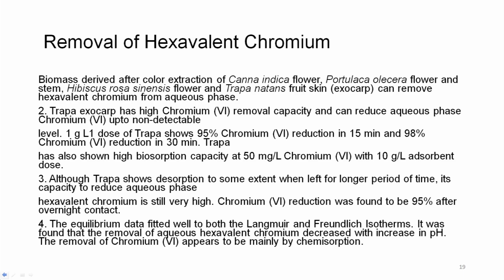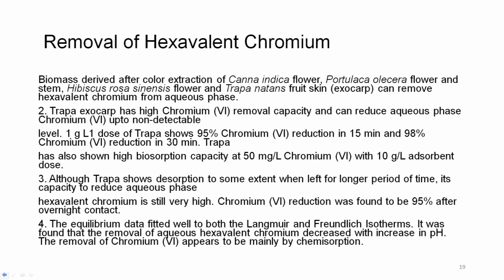Although Trappa shows desorption to some extent when left for a longer period of time, its capacity to reduce aqueous phase hexavalent chromium is still very high. Chromium 6 reduction was found to be 95% after overnight contact.